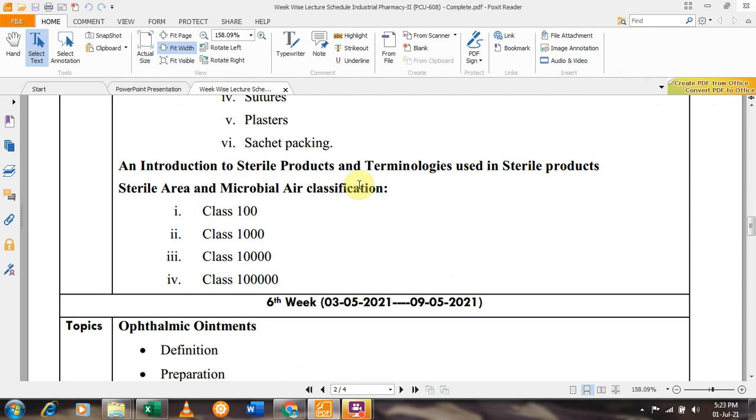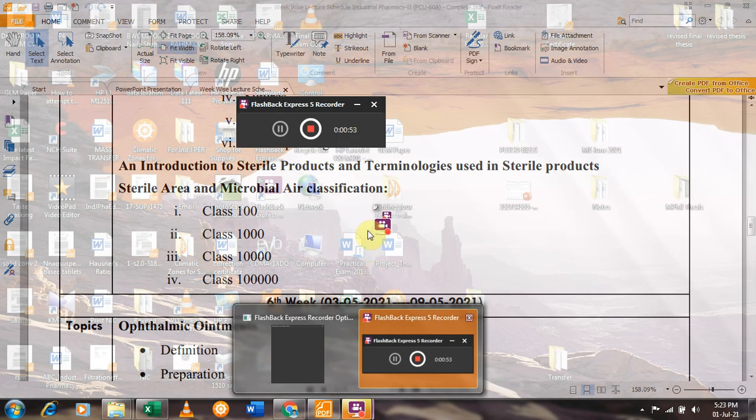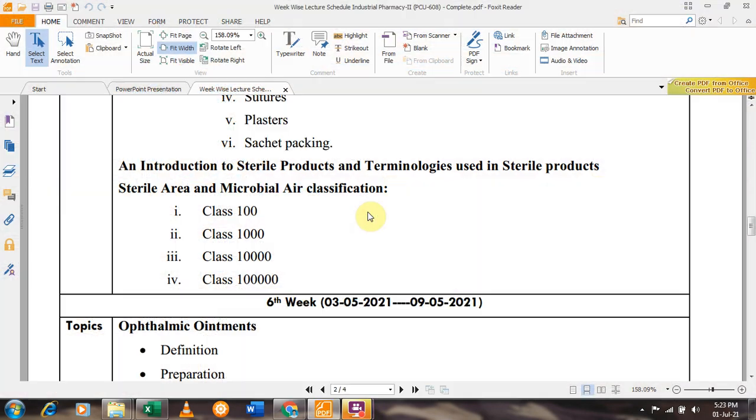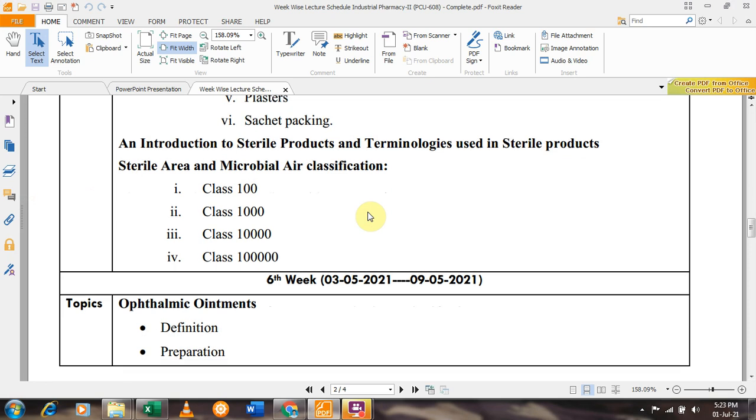in the final term examination course, the contents include an introduction to sterile products and terminology used in sterile products, including sterile areas and microbial area classification: class 100 areas, class 1000 area, class 10,000, as well as class 100,000.